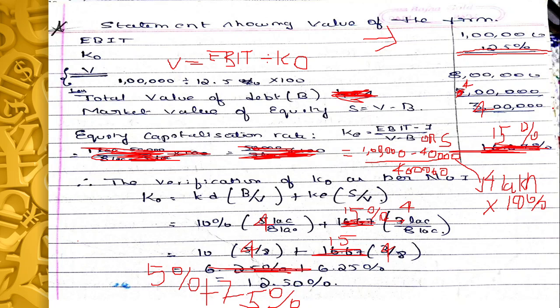What is the other thing? The value of equity increases. Sorry, the cost of equity increases. Is it so? That is what the net operating income approach tells.